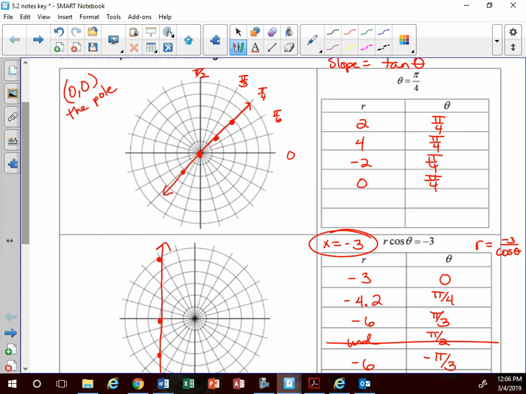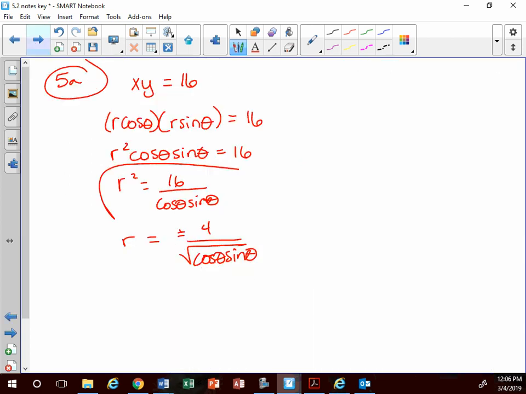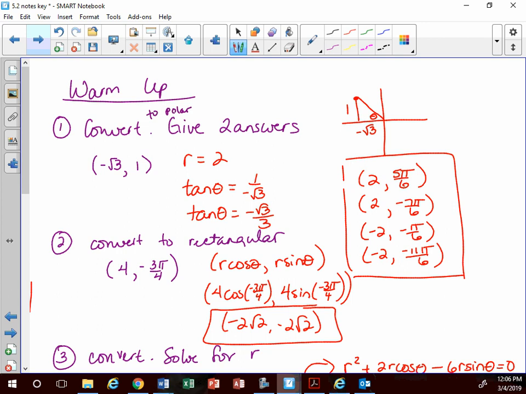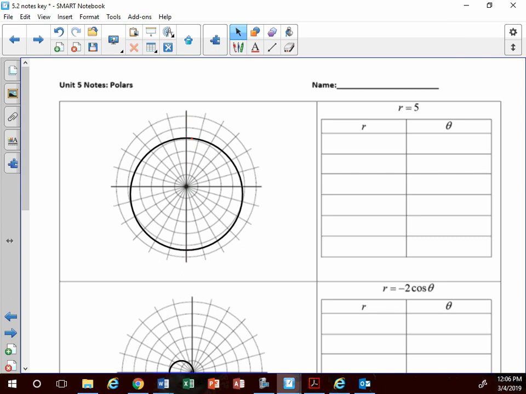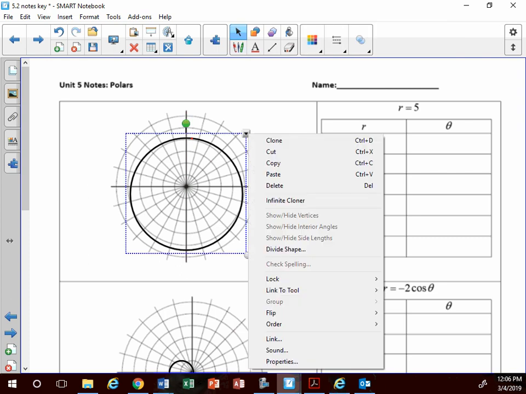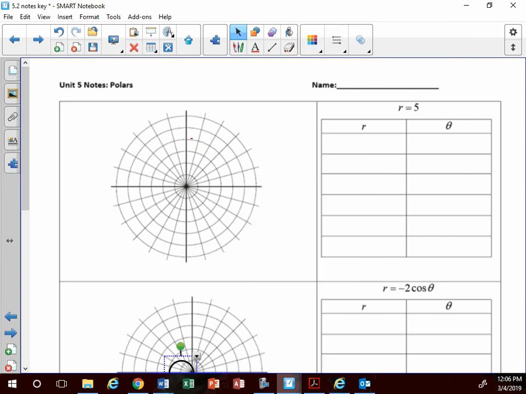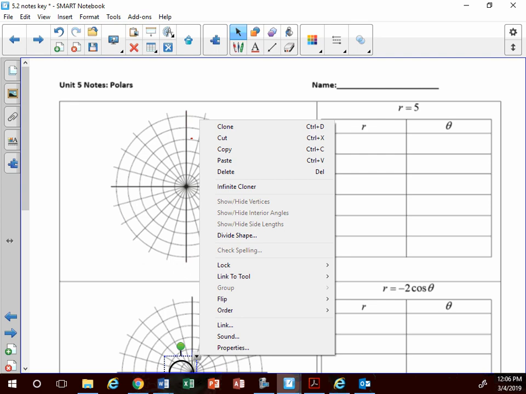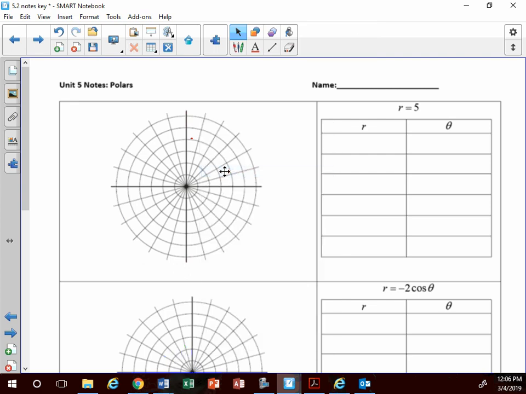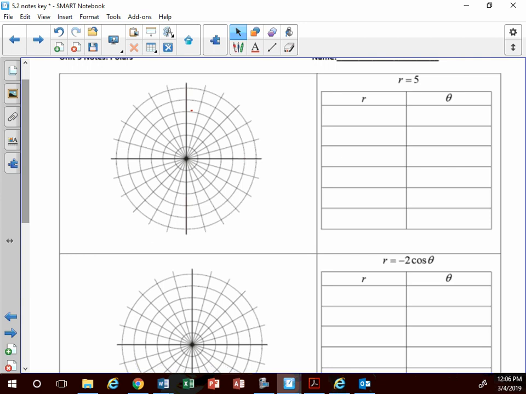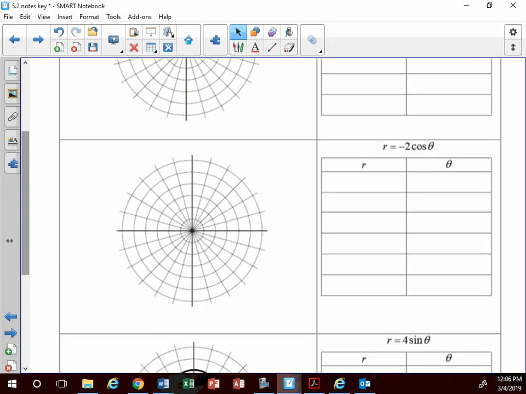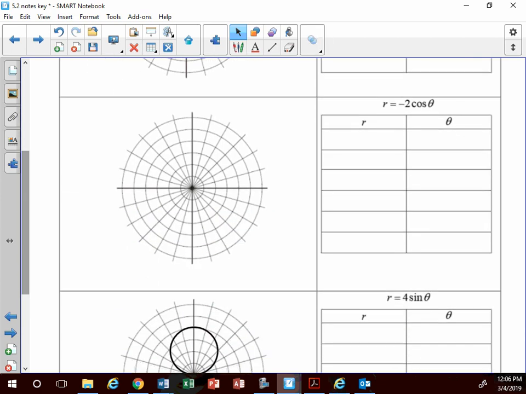Those are not too tricky. Those r cosine theta, r sine theta, that have horizontal or vertical? Nope. Oh, because you can just subtract.